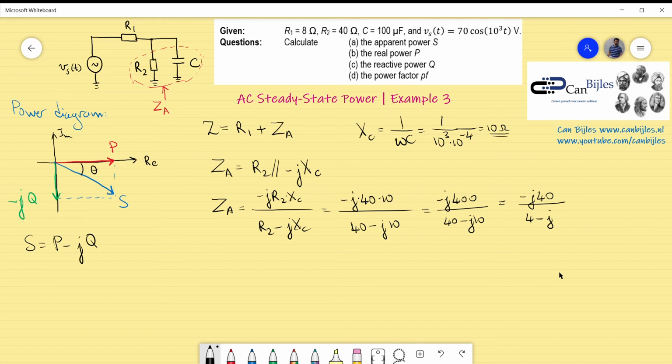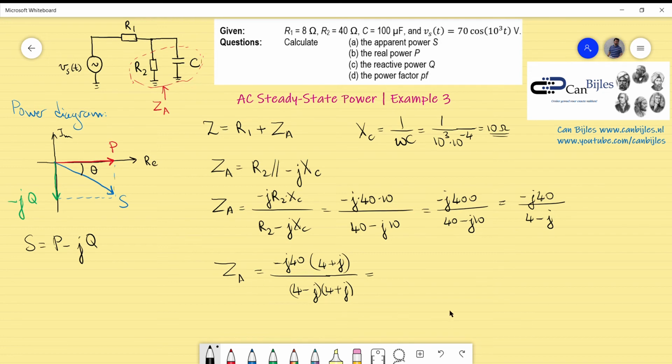This expression can be written in a different form by using the complex conjugate of this term. So ZA will be equal to minus j40 times 4 plus j, and then 4 minus j times 4 plus j. That will result in a real part in this expression.